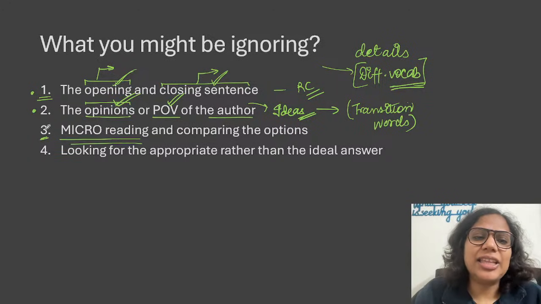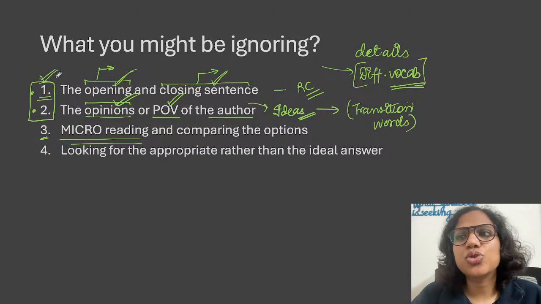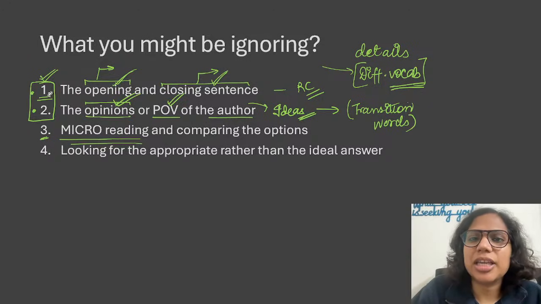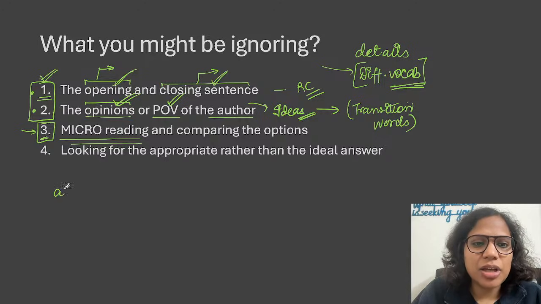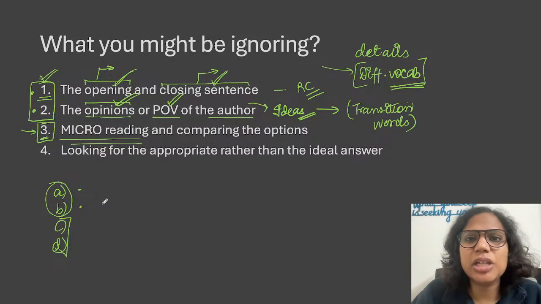Another thing, I think, while a lot of students by now have understood the reading part, right, especially those students who've been preparing for a while, they have understood this. The problem is that when they come to the options, they feel okay, time is less, right? So they are able to narrow down to two options, let's say, but in between these two options they feel okay, time is less, let me just mark something and proceed.